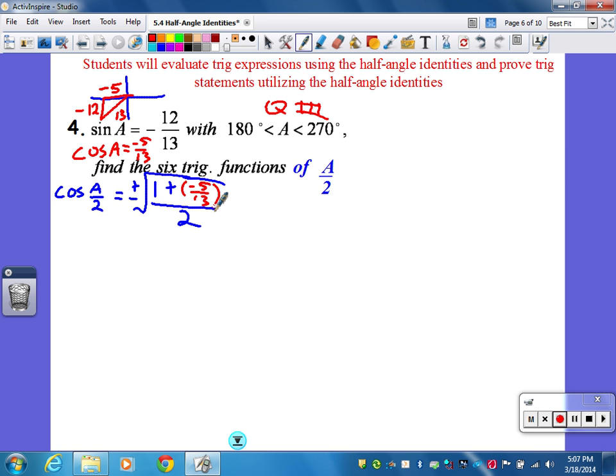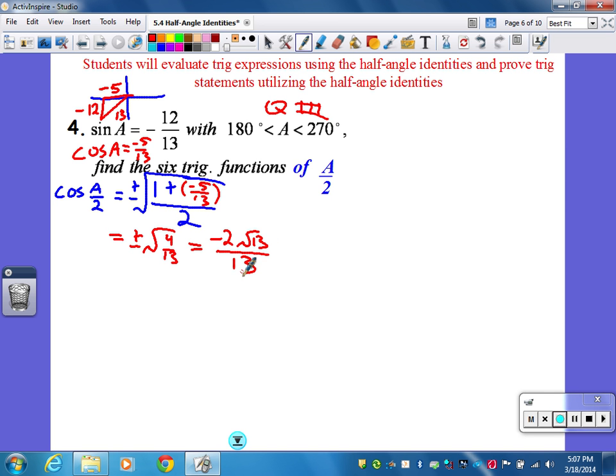Okay, so plugging in negative 5/13, if you do the math, we get plus or minus the square root of 4 over 13, which is equal to negative 2 square root 13 over 13. And you're saying, how do you know it's negative?